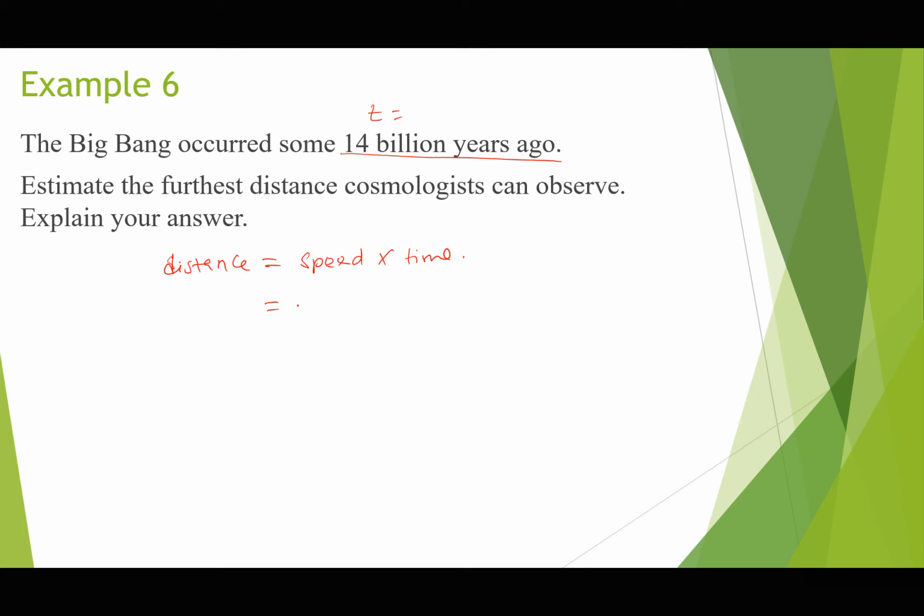Then the farthest distance cosmologists can see would be the speed of light, 3 times 10 to the power of 8, times the time, which is 14 billion years, that is 14 times 10 to the power of 9 years, times 365 to change it to days, times 24 hours, and because the speed of light is in meters per second, I'm changing the time to seconds, so times 3600. This is to change the time to seconds.